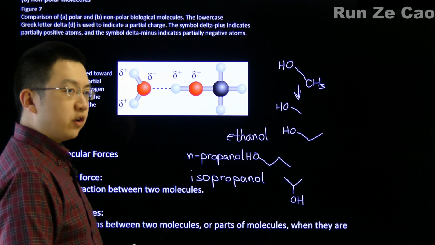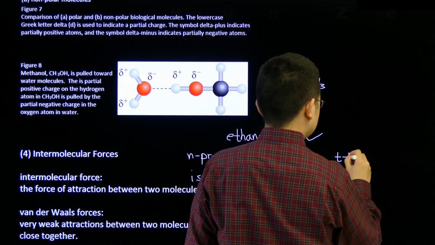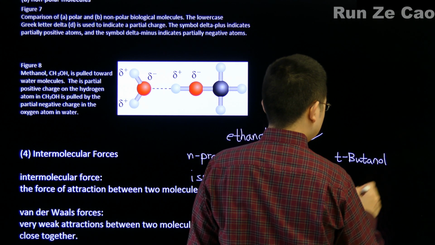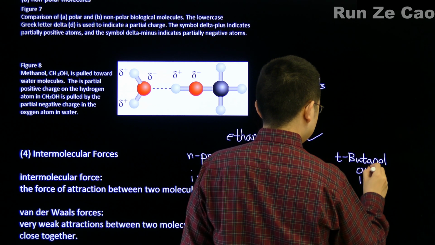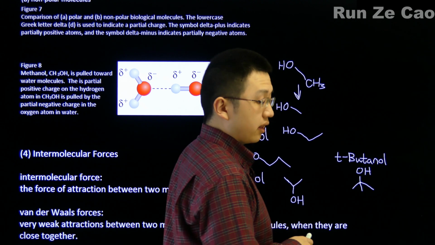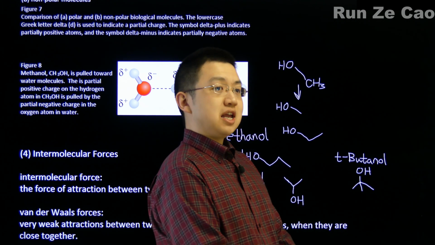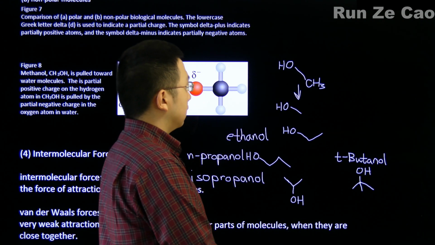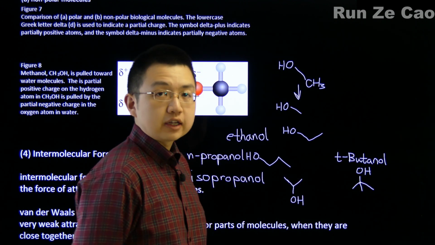And then for tert-butanol, we're talking this stuff. For just one hydroxyl group to solubilize this thing? Yeah, that's big. Why? Well, this hydroxyl group has molecular mass of 17.